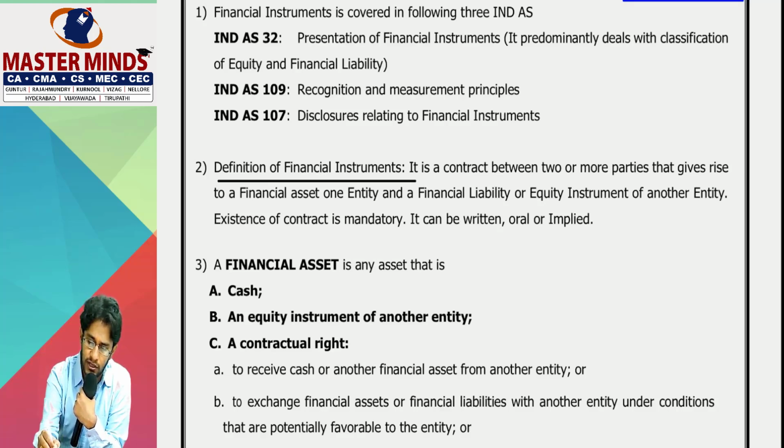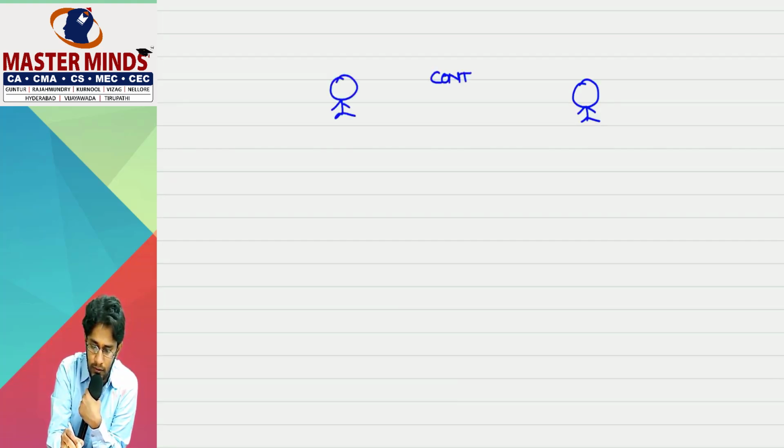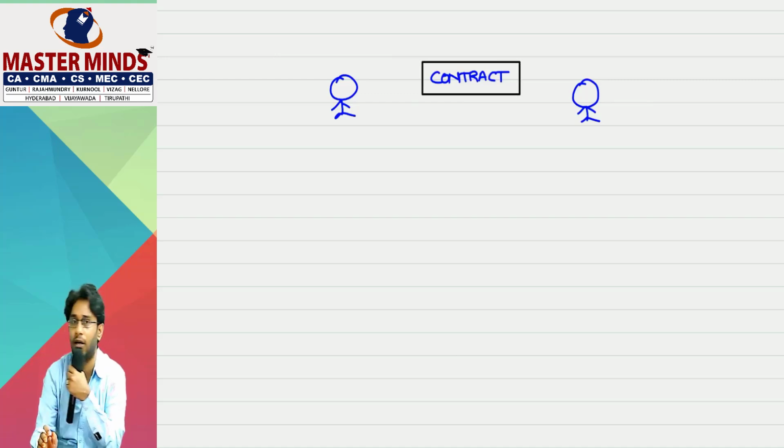Now, how financial instrument is defined is, first he says financial instrument is a contract. Sir, if there has to be a contract, at least how many parties are required? 2 parties are required. So there is a contract, and the contract is between 2 parties.